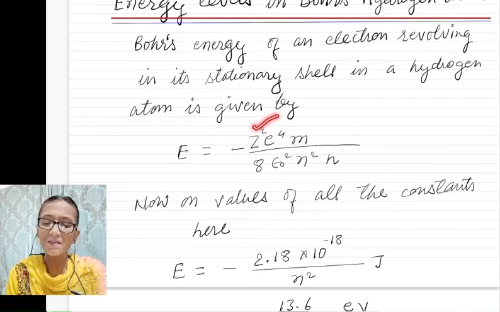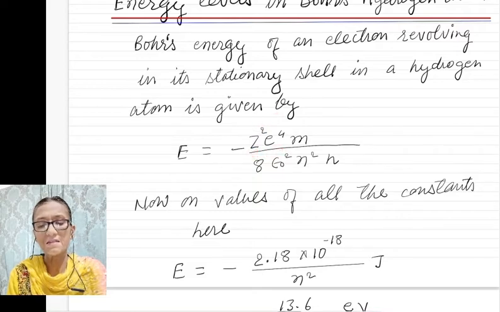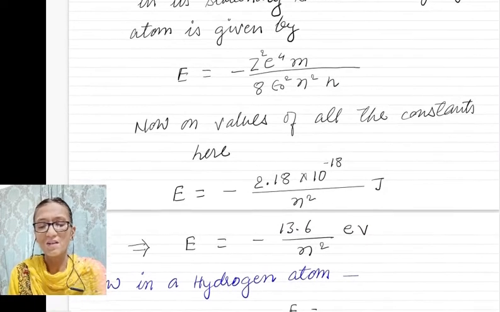Here you can see that everything is a constant. Z is the atomic number, e is the charge on an electron, m is the mass of an electron, epsilon naught is absolute permittivity, and h is Planck's constant.